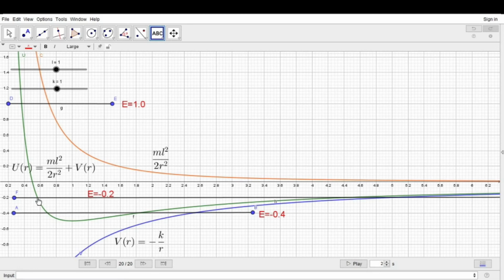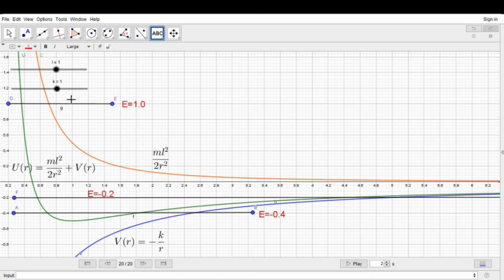Then we did it again at minus 0.2, and we got about 0.5 or 0.6, and 4.4 or something like that. Those are the two places where the black curve crosses the effective potential green curve for energy of minus 0.2. And then we went all the way up here to an energy of 1, and that corresponds to about 0.3 something, which was what we got.